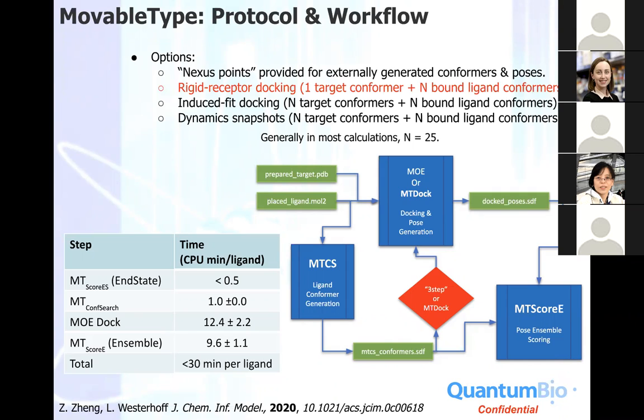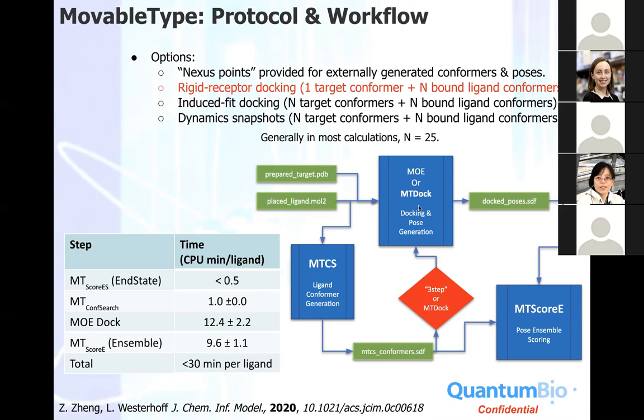You can see those SDFs if you really want to, but the point is these are aspects where we need a set of conformers that are the generated conformers of the ligand, and we need a set of docked poses that have come from somewhere. In this case, we could do that from Mo, or we could do that from MTDoc, or you could likely do it from Glide or anywhere else.